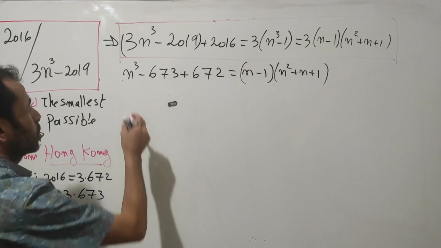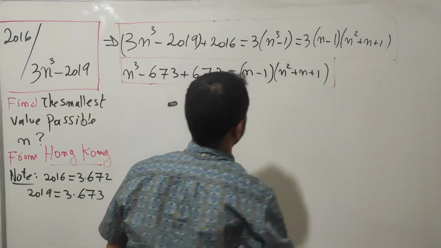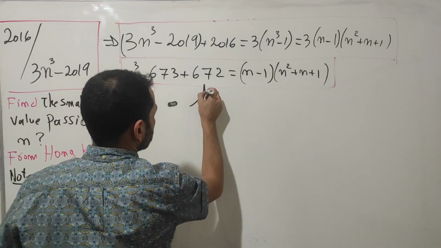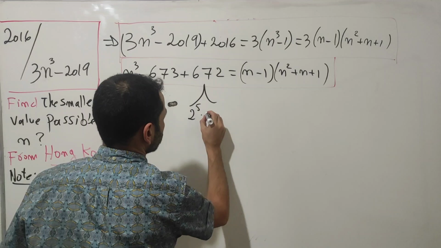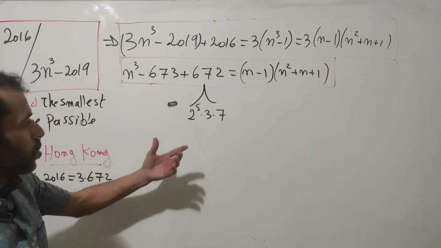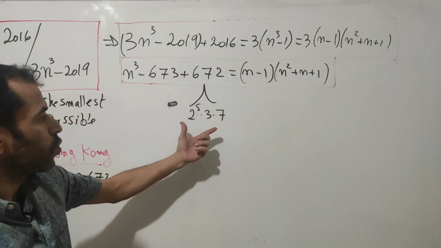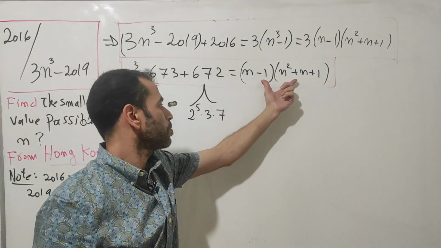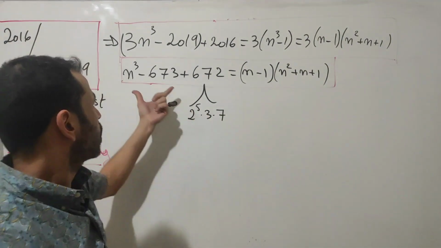This is the reduced expression that we need. Notice that 672 is the same as 2 to the 5th multiplied by 3 multiplied by 7. Since we get 2 to the 5th, 3 and 7 here, the right hand side of this equation must be divisible by these terms as well.